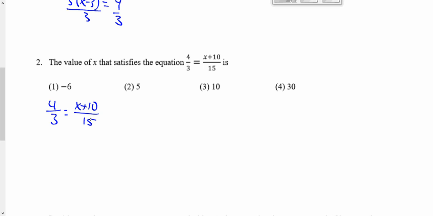What number could I multiply by? 3 goes into 15. So what could I multiply both sides by? If I multiply this side by 3, that'll go away. But if I multiply this side by 3, that doesn't go away. So I need to multiply by the bigger of the two, 15.